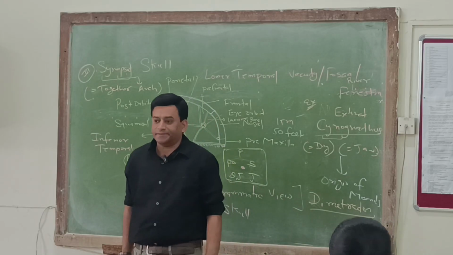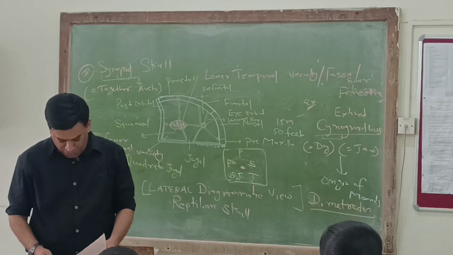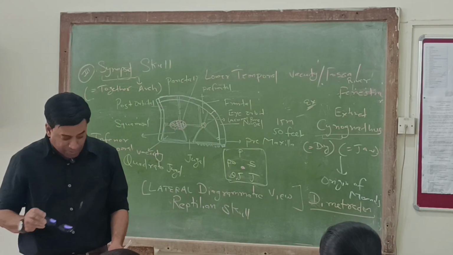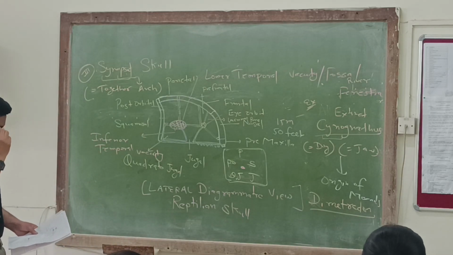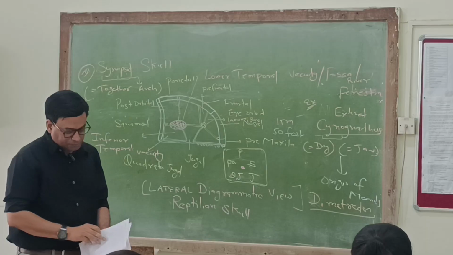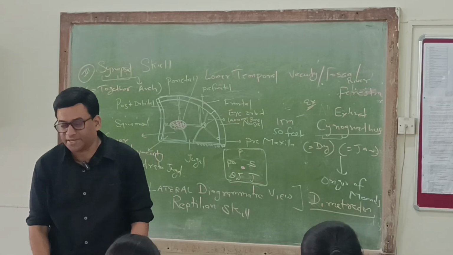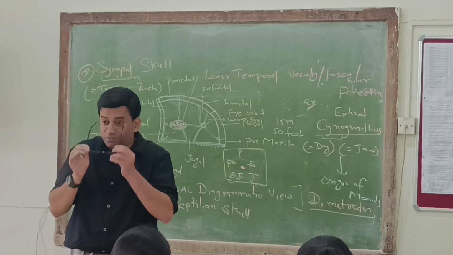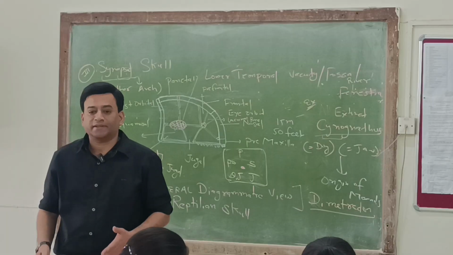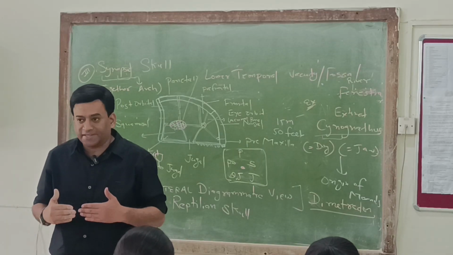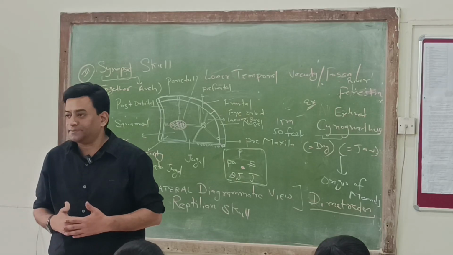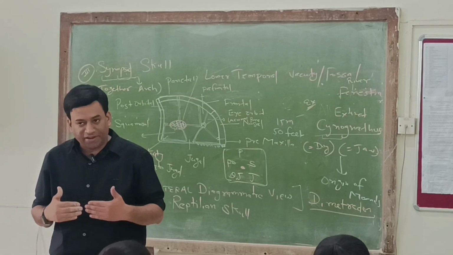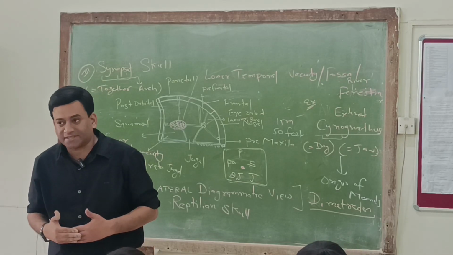Got my point? So this is all about the types of skull that are present in reptiles. First, you have to explain why the fenestra or the fossa or the vacuities develop inside the reptilian skull, and what is the benefit of having a vacuity in the skull.